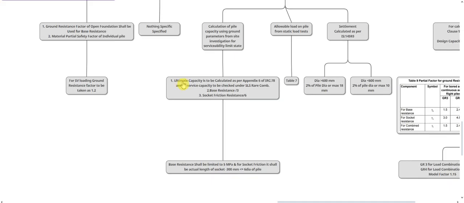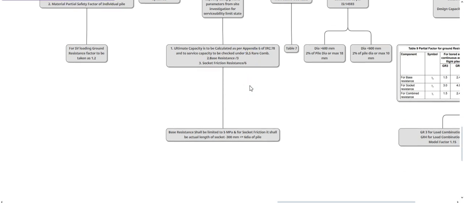First, it says the ultimate capacity is to be calculated as per Appendix 5 of IRC 78, and to get the service capacity, the base resistance shall be divided by 3, and the socket friction resistance shall be divided by a factor of 6. This service capacity is to be checked for SLS rare combination given in IRC 6.